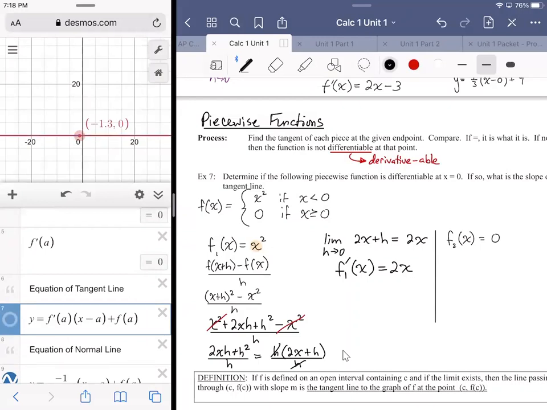So without doing any work related to this, you could use a little, we'll call it calculus sense, and say f prime of x is going to be equal to 0 for the second part of the function. Now what I want to do is see if at these endpoints, 0 in both cases, we have the same slope.